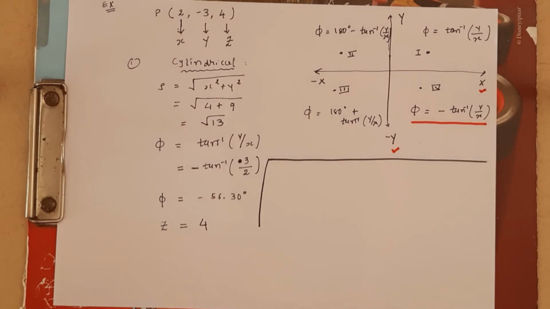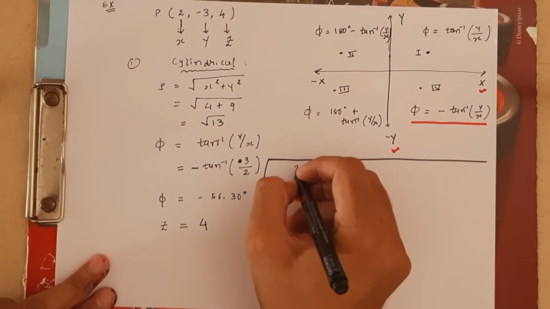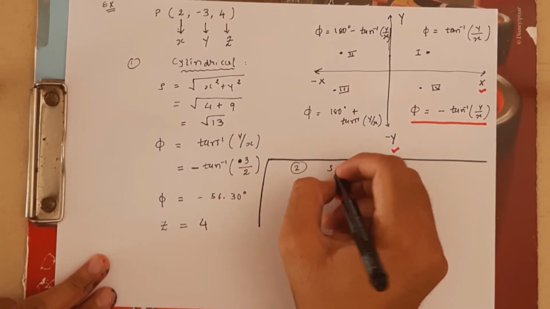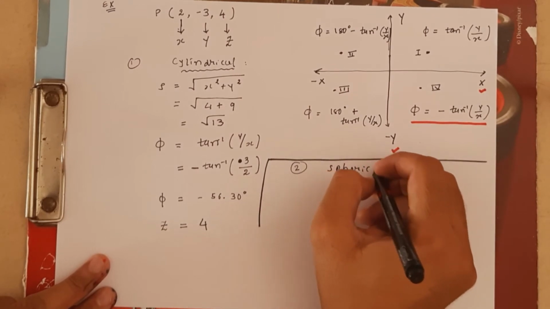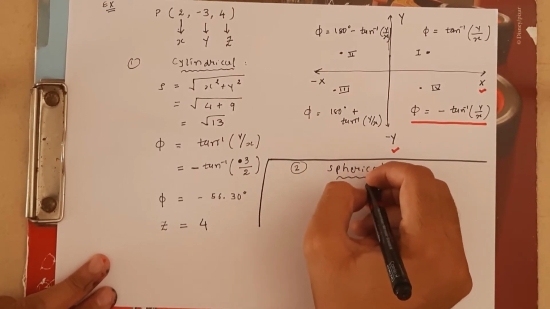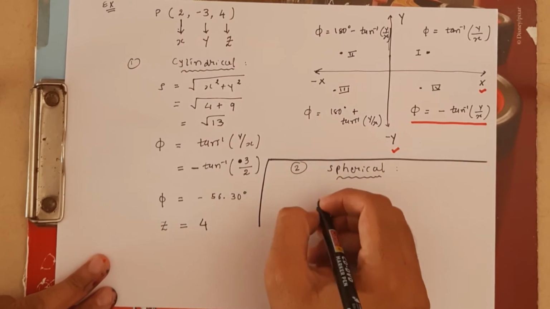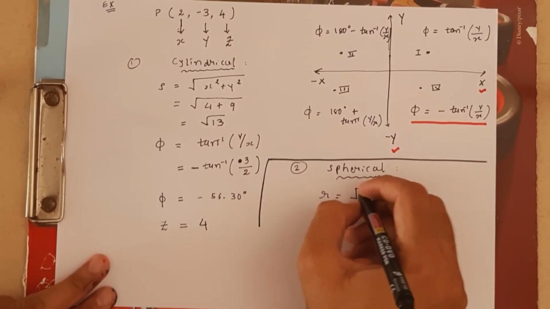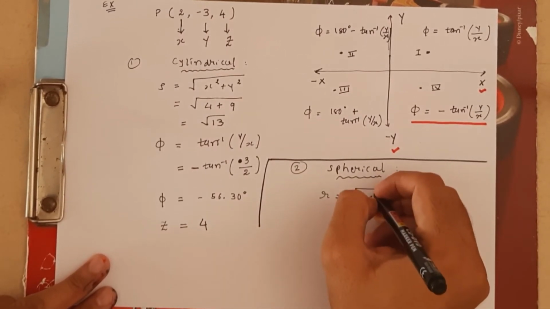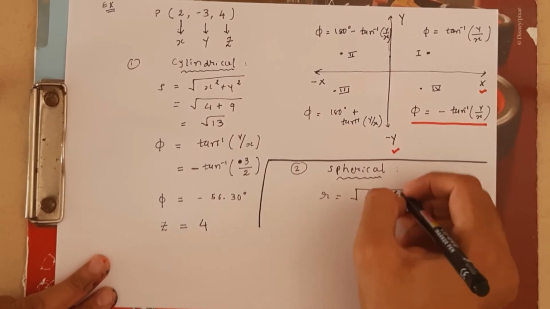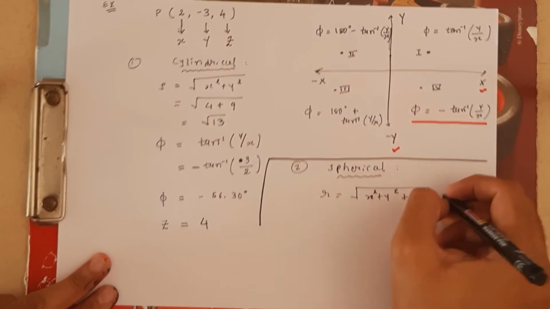So the second task is to convert a point into the spherical coordinate system. So r is equal to under root of x square plus y square plus z square.